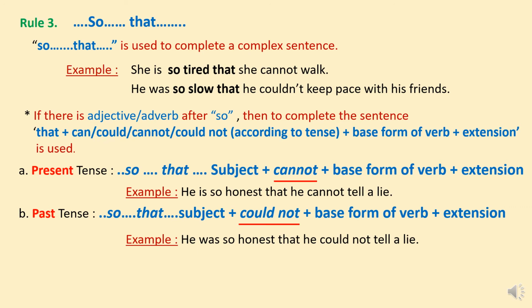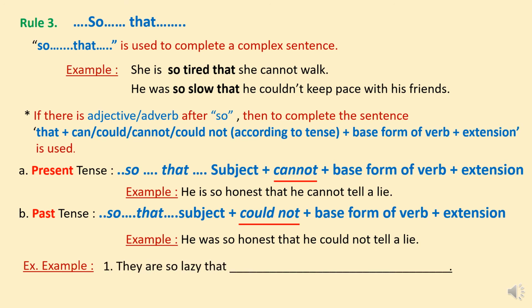Now how will we have this in our exercise? They are so lazy that, another one, they were so lazy that. Now students, we can see the sentences are incomplete.